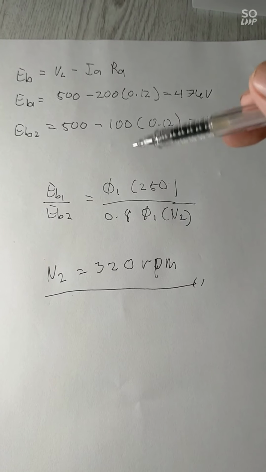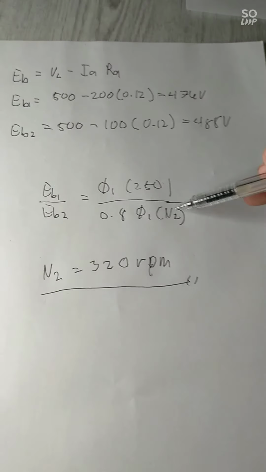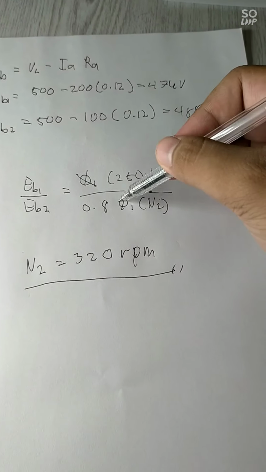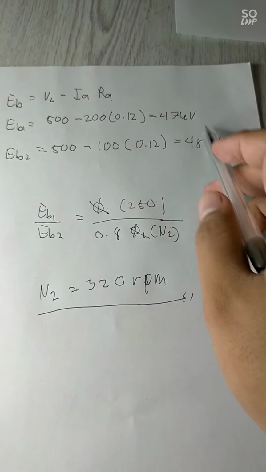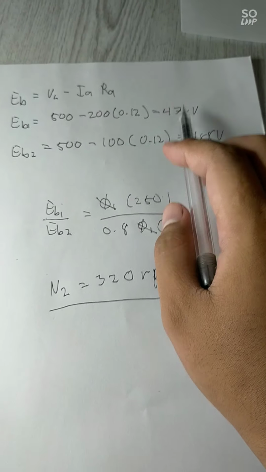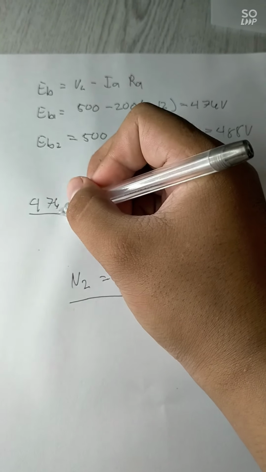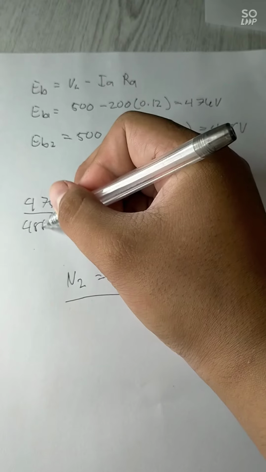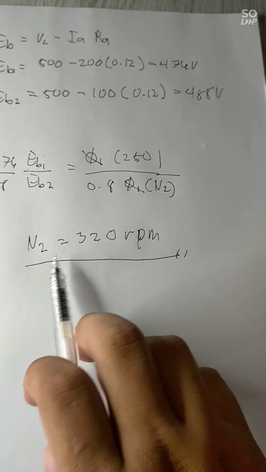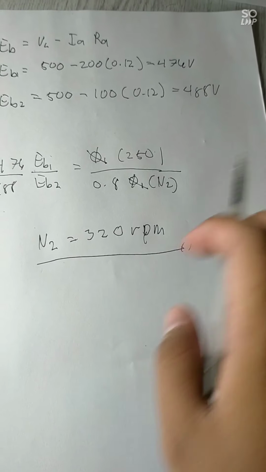So that's why nga 0.8 flux 1, mao nitong ipangita ang N. So makancel niya kaning flux. So i-substitute ani diri natay EB1 nga 476 all over 488. So i-solve ani niya, makuha na to ang answer nga N2 equals to 320 rpm.